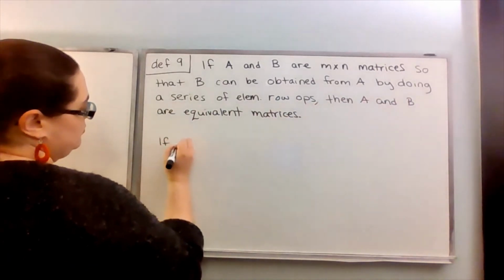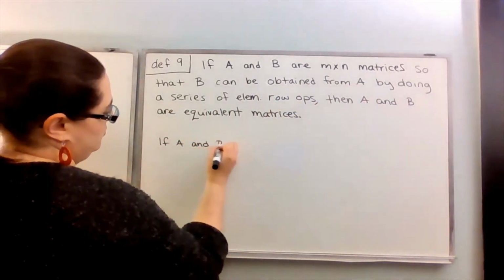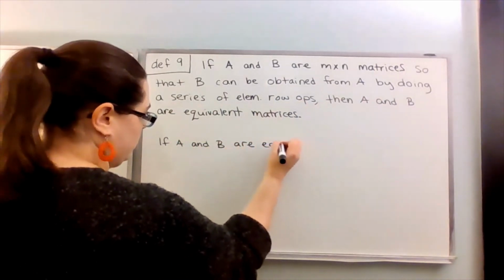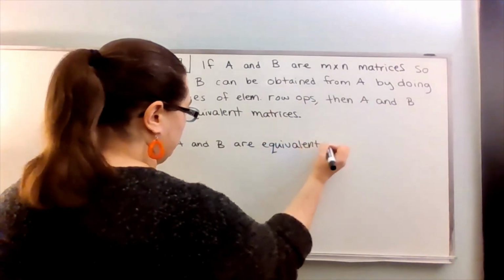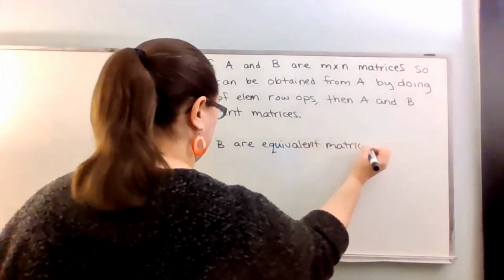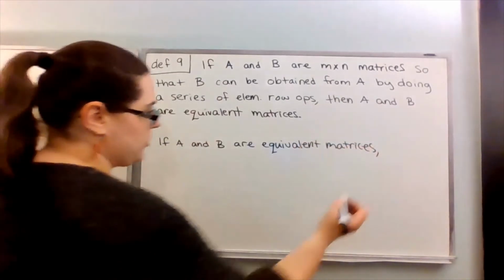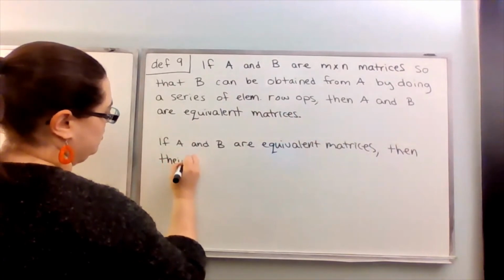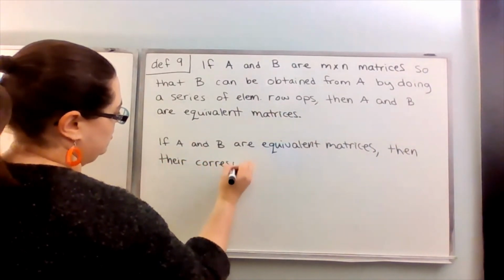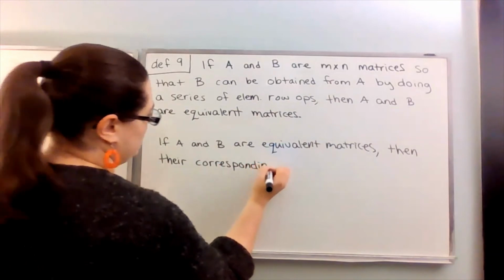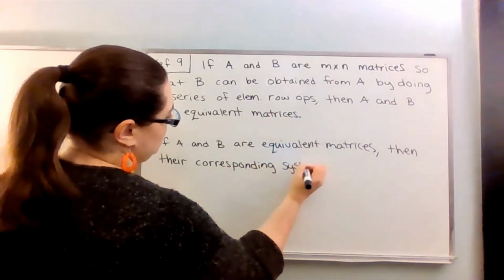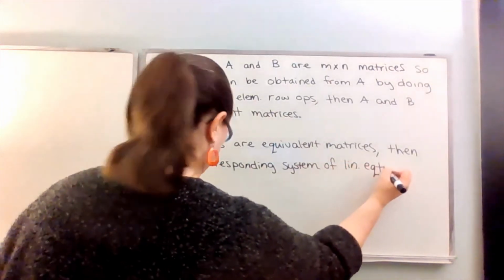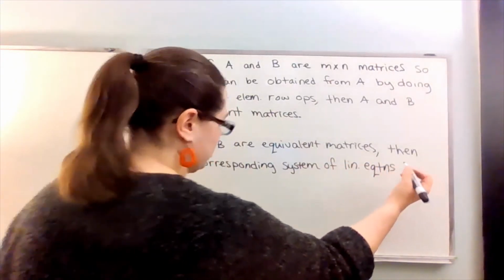If A and B are equivalent matrices, then their corresponding system of linear equations have the same solutions.